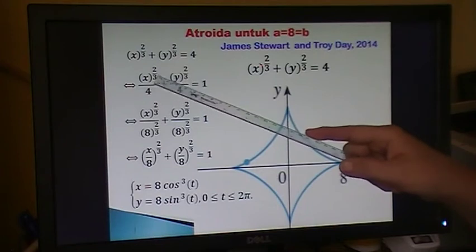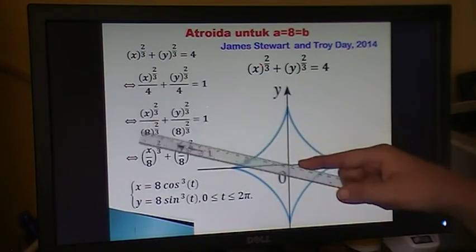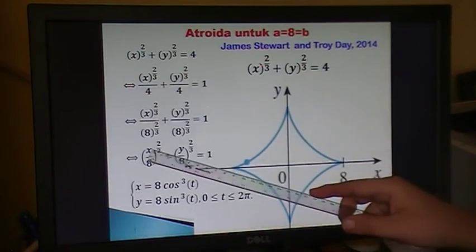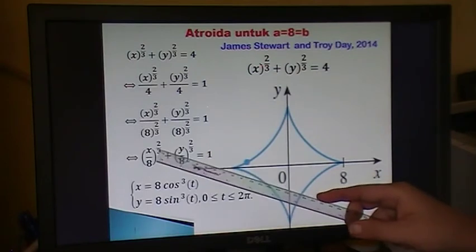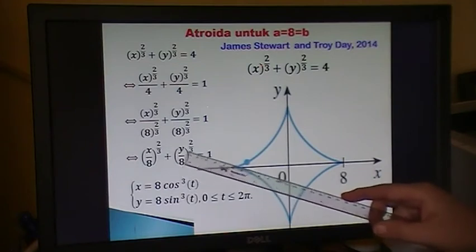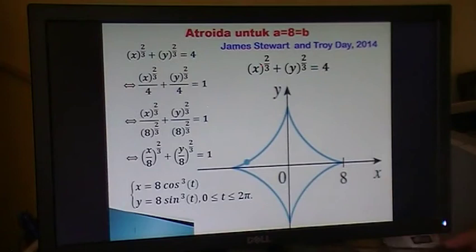We can get it easily by simple manipulation: x divided by 8 to the power of 2 over 3 plus y divided by 8 to the power of 2 over 3 equals 1.